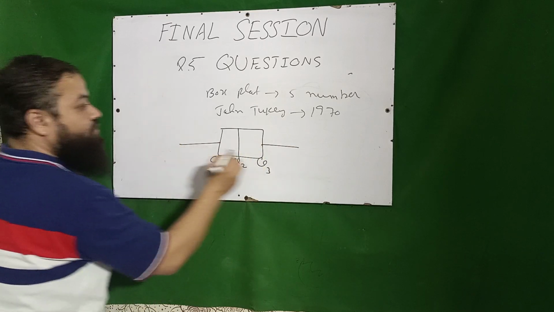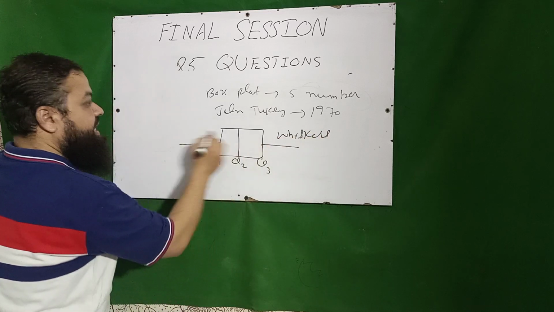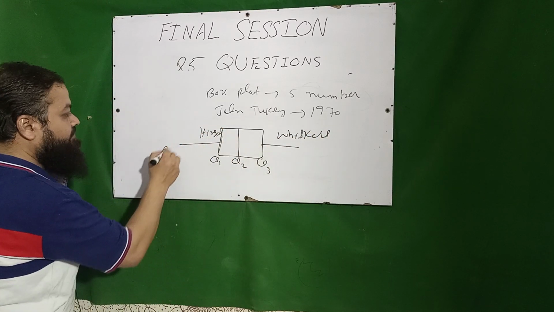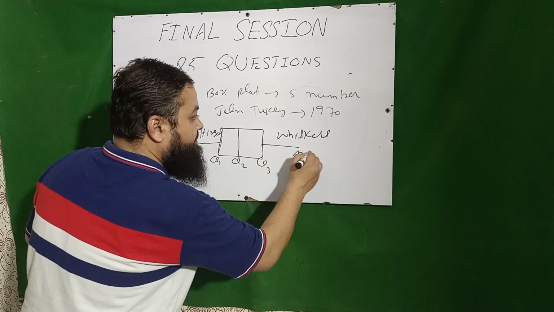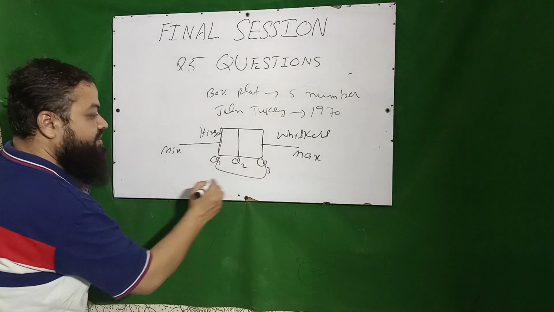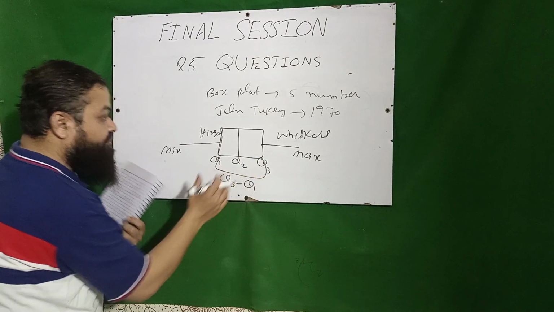These two lines are called whiskers, and these are the hinges actually. Here we have the minimum value, here we have the maximum value, and this portion is the interquartile range, which is Q3 minus Q1. A very important question can also be asked.